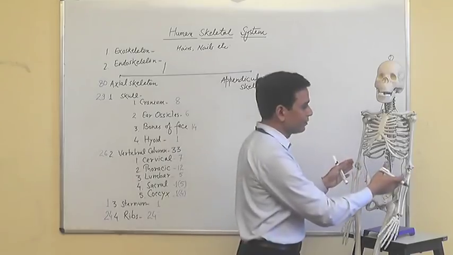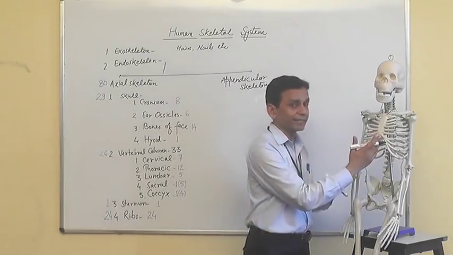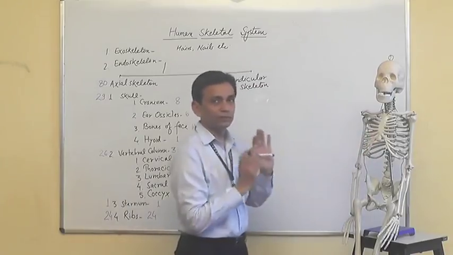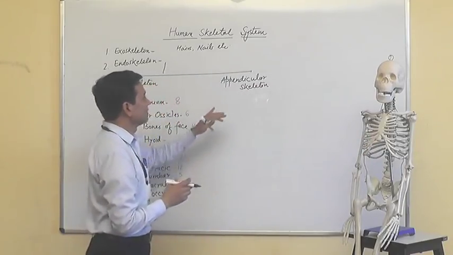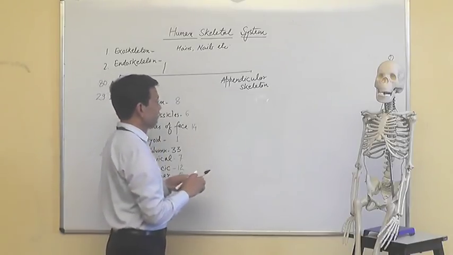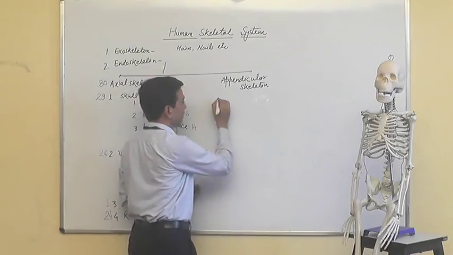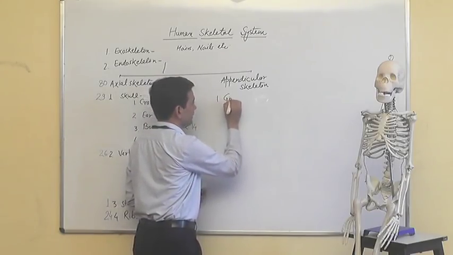The bones which are attached laterally to our axial skeleton constitute the appendicular skeleton. It consists of 2 main parts. Number 1, girdles.